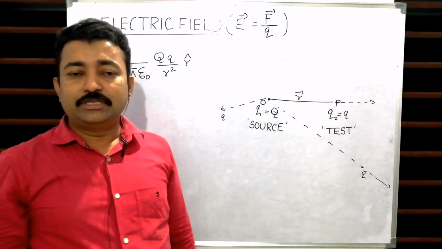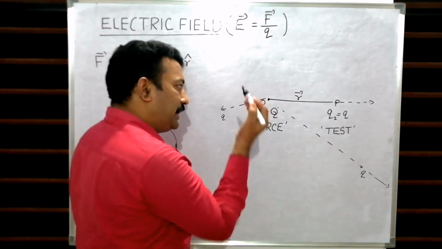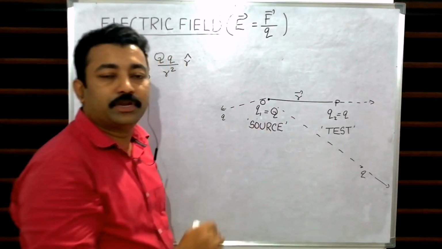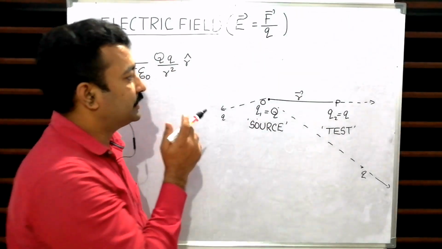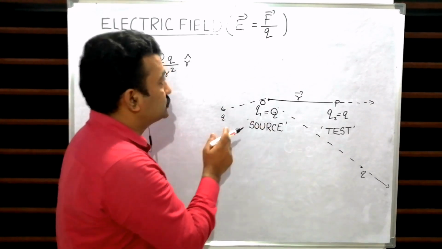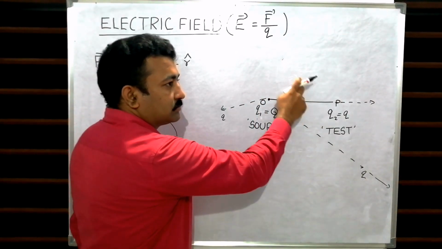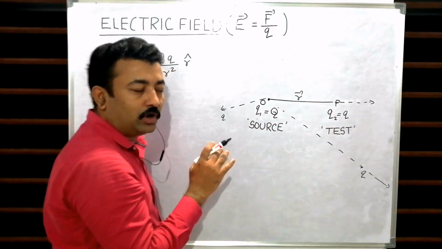Electric field. So what is electric field? It is the space around a charge, any charge, in which another charge experiences an electrostatic force. So what is electric field? It is the space around a charge in which another charge experiences a force.